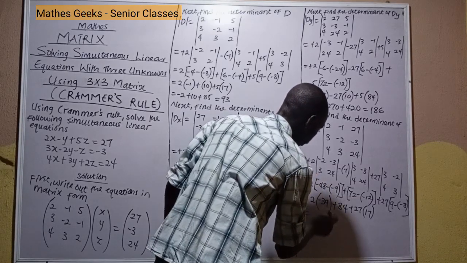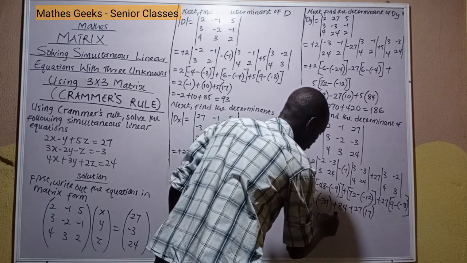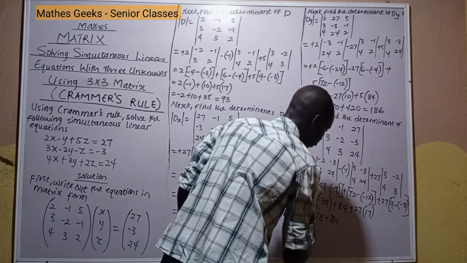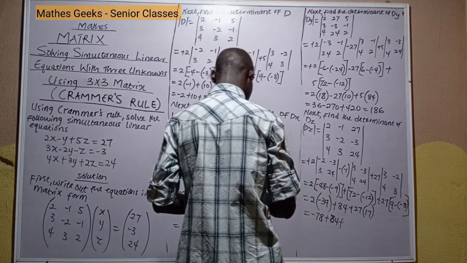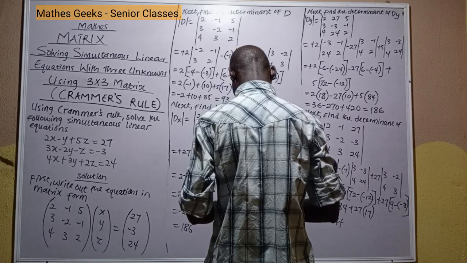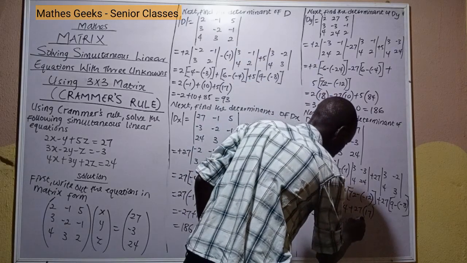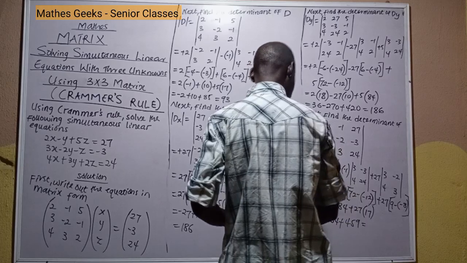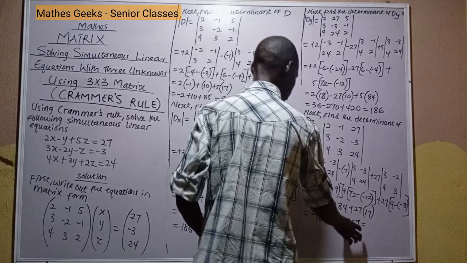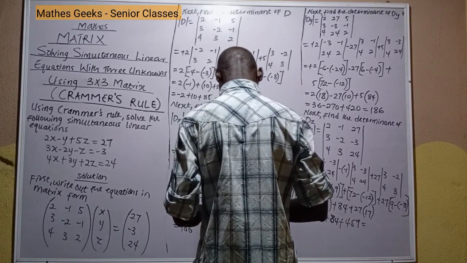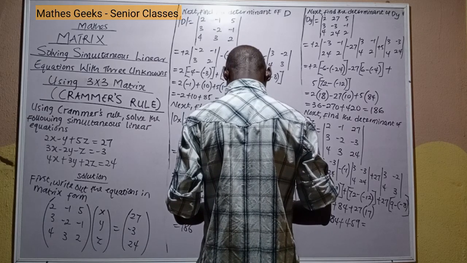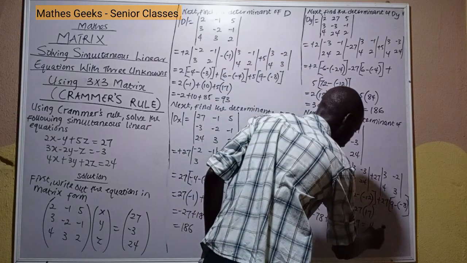Equals 2 times minus 39, minus 78, plus 84, plus 27 times 17, 459. So we add these two together, then subtract this from the result of this addition of these two, 465.